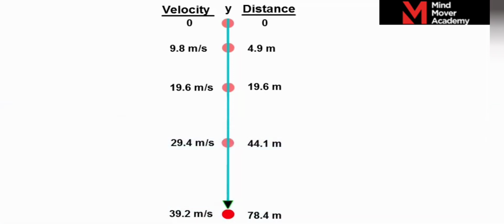Let us see the proof of this law. Since initial velocity is 0, we have y is equal to minus 1/2 gt square.